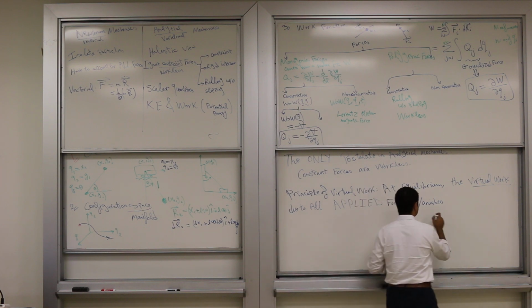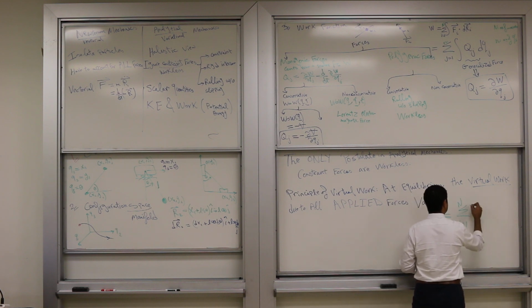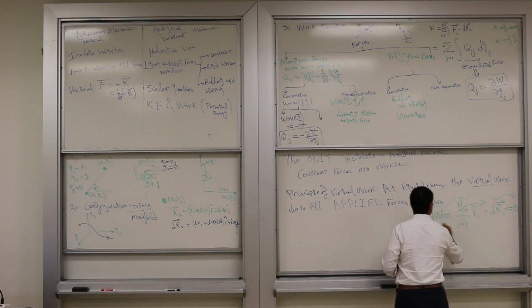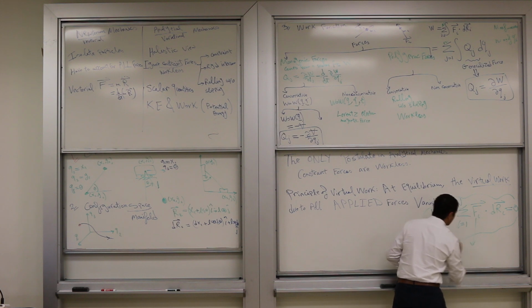So W equals the summation of each force F_i dotted with dr_i. This is 0. This is the principle of virtual work. This is not all the forces, these are the applied only.